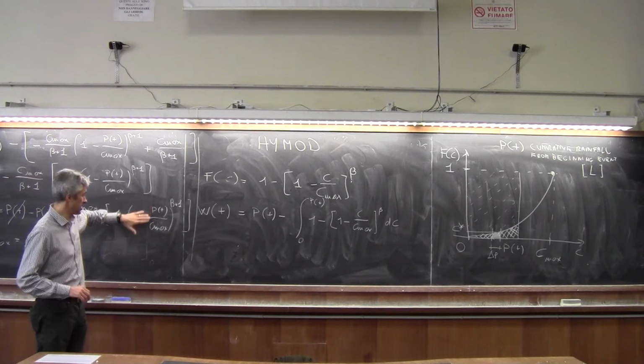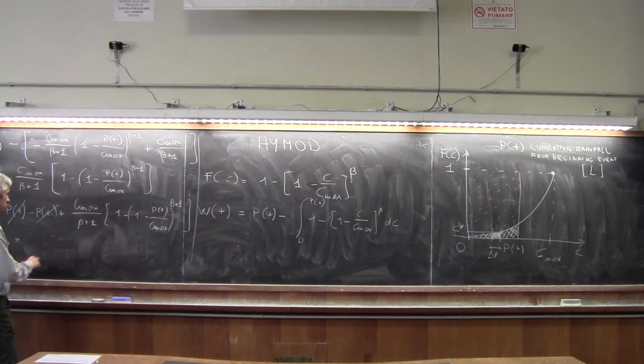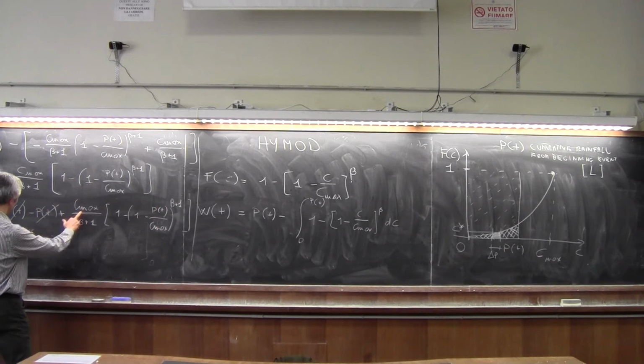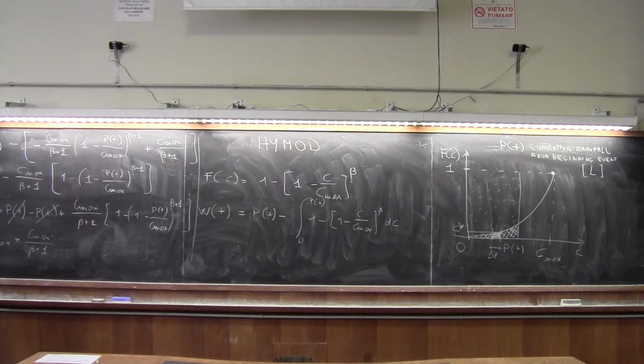When Pt is equal to Cmax, this term here goes to 0, and therefore you get only Cmax divided by beta plus 1. But you may remember that beta is always greater than 0, which means that Wmax is always lower than Cmax unless beta is 0.